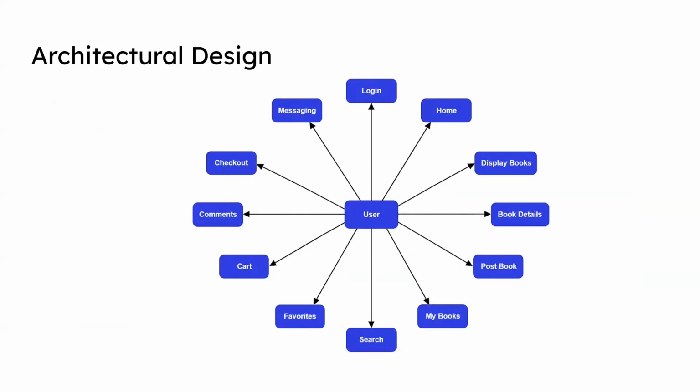It's all connected to the users and their access. Each action the user takes triggers a function in the backend, which then interacts with the database. Basically, everything in the system starts from the user and flows through them to the system.